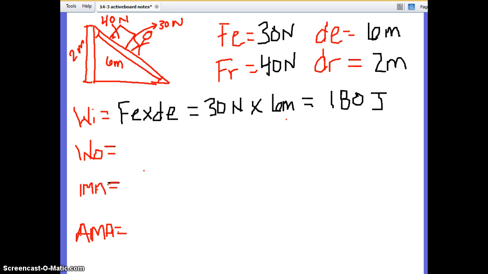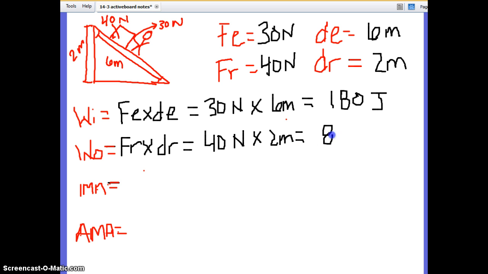Remember, work is measured in joules. Work output is your FR times your DR. FR is your 40 newtons times your 2 meters, because that was your DR. 40 times 2 is 80, and that's also measured in joules.